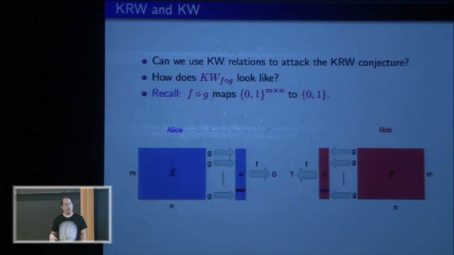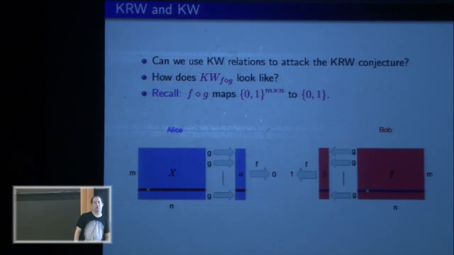Now, what does it mean that A and B differ on this coordinate? It means that if we look at the corresponding rows of x and y, one of them is a 0 of g, and the other is a 1 of g. So the corresponding rows are actually an instance of the KW relation of g. So now Alice and Bob can find the coordinate on which those two rows differ, and this gives them an entry on which the matrices differ.